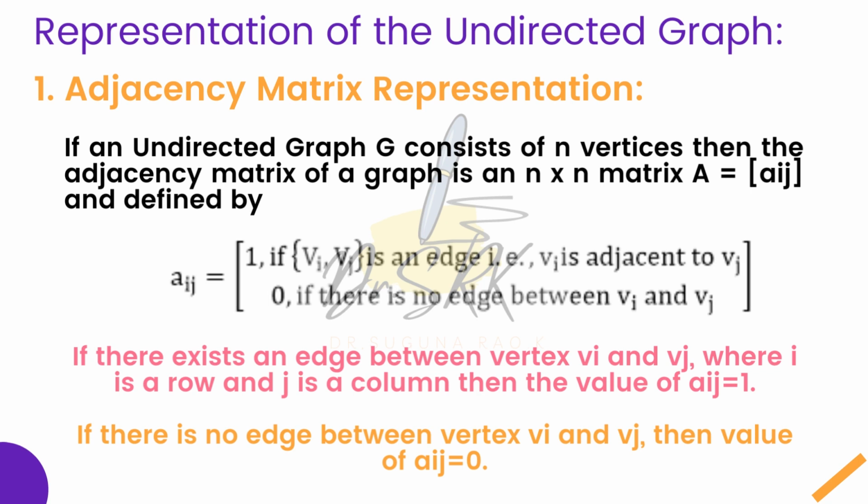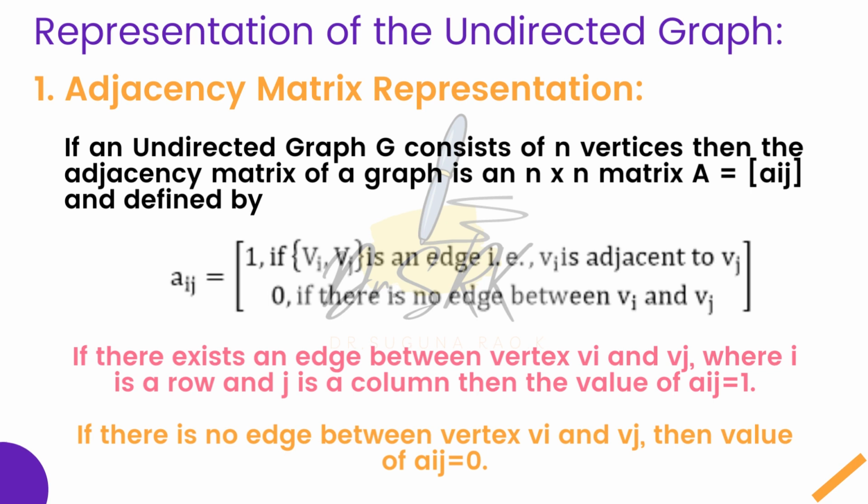If there exists an edge between vertex Vi and vertex Vj, where i is the row and j is the column, then the value of Aij is equal to 1. If there is no edge between the vertex Vi and Vj, then the value of Aij is equal to 0.